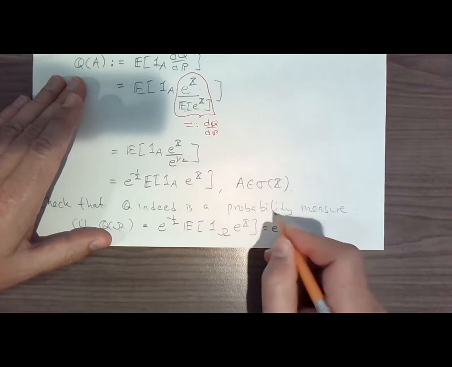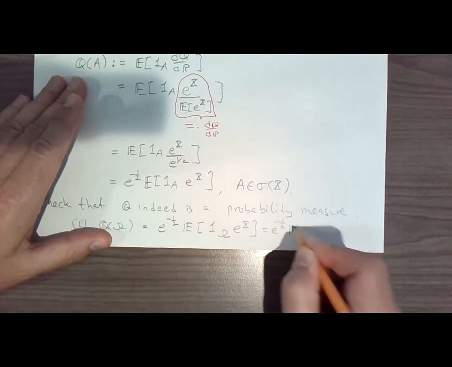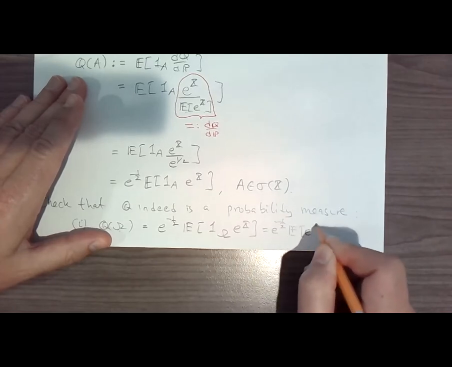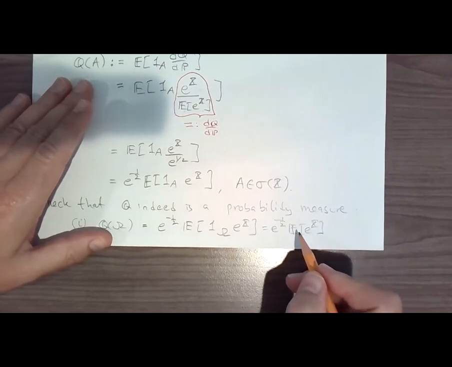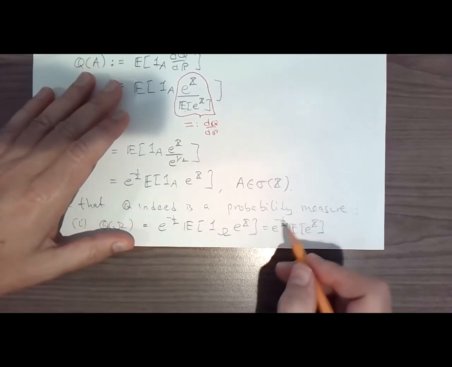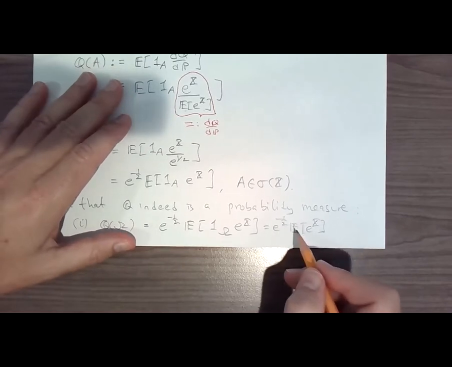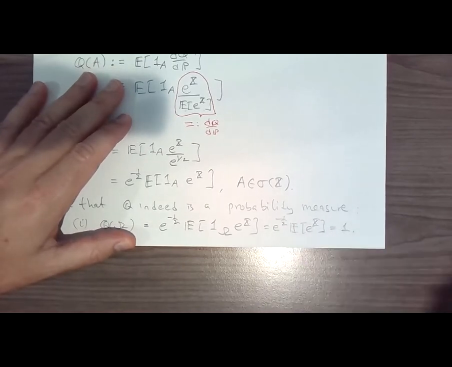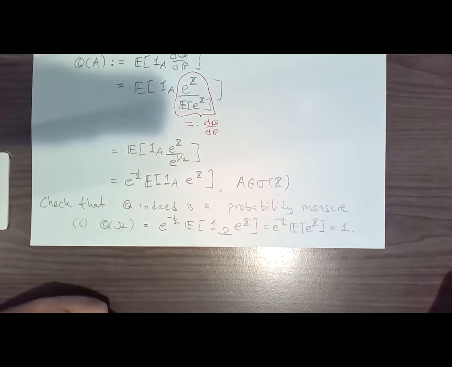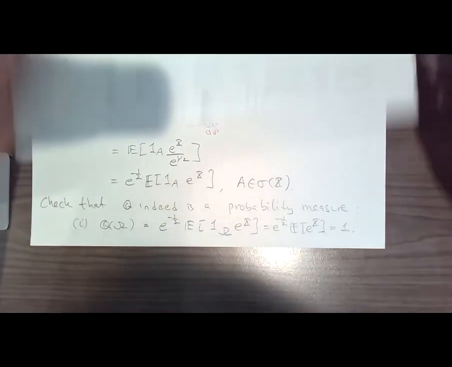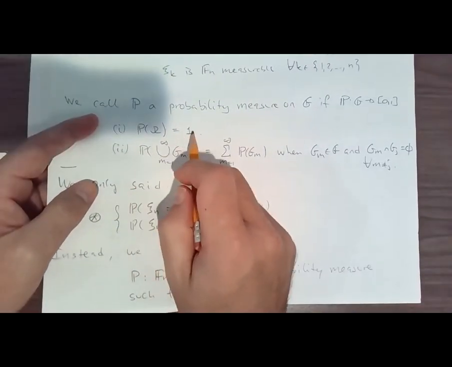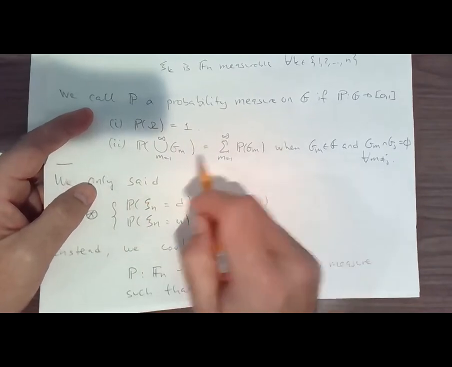So this is equal to e to the minus 1/2 times the expectation of e to the X. But that expectation I just calculated, that was exactly equal to what I had over here, 1 over it. So these two things reduce, and it just gets to be 1. So that was the first property. We need that the expectation is equal to 1. And the second property is this disjoint union.